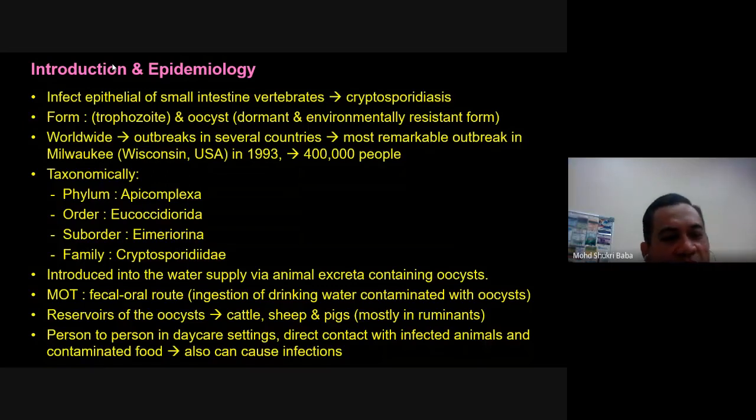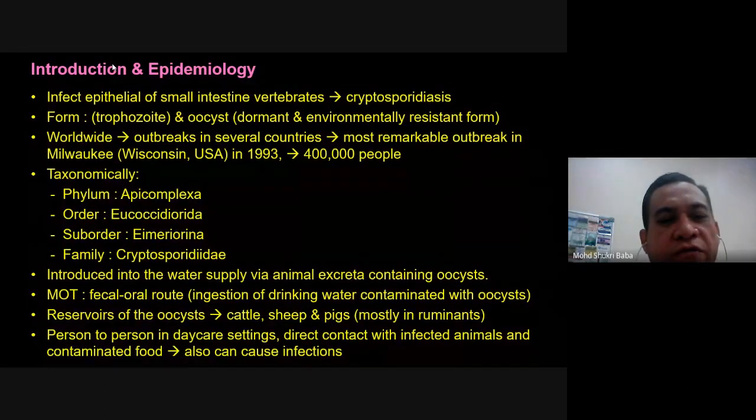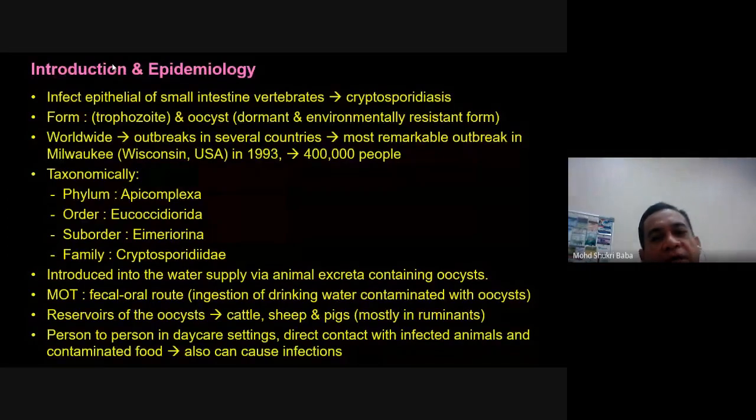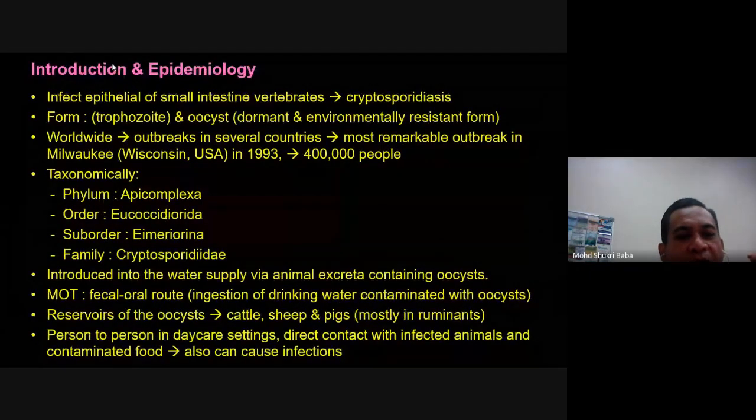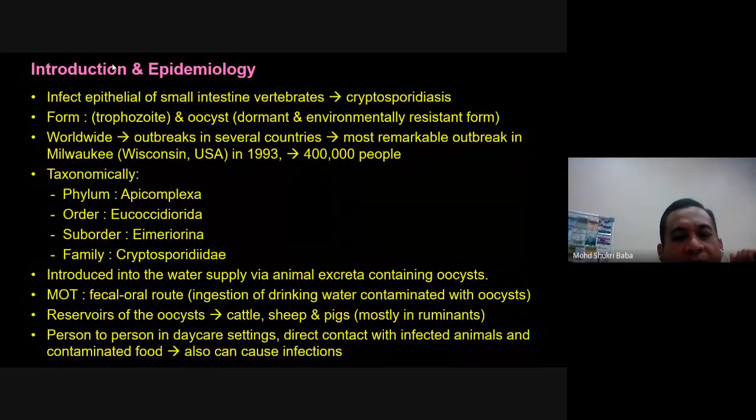Mode of transmission to humans is the fecal-oral route, by ingestion of drinking water contaminated with oocysts. Reservoirs of the oocysts are basically cattle, sheep, and pigs, mostly ruminants. Person to person transmission in daycare settings, direct contact with infected animals, and contaminated food can also cause infection in humans.